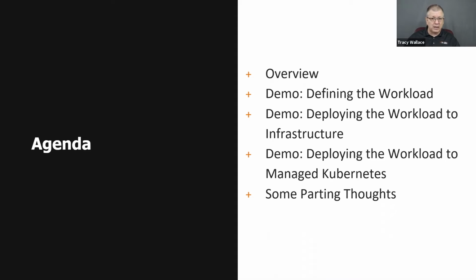We'll walk through that, and then we'll take a look at actually deploying that workload at the infrastructure level, across 3 different clouds. And I'll show you how I set those up, of course. And then we're going to take a look at defining the workload in Kubernetes. And if you're not familiar with Kubernetes, great. That means I'll be able to get away with whatever I want.